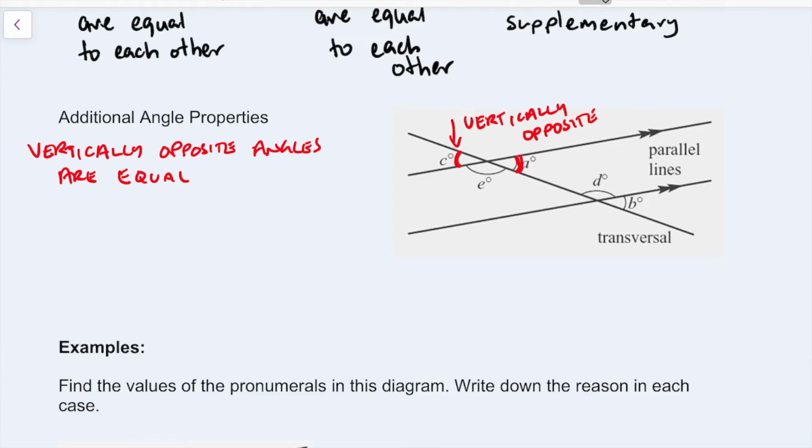We also have D and E. They're alternate, so they're going to be equal. But the other thing is that they sit on a straight line, so they form angles on a straight line.